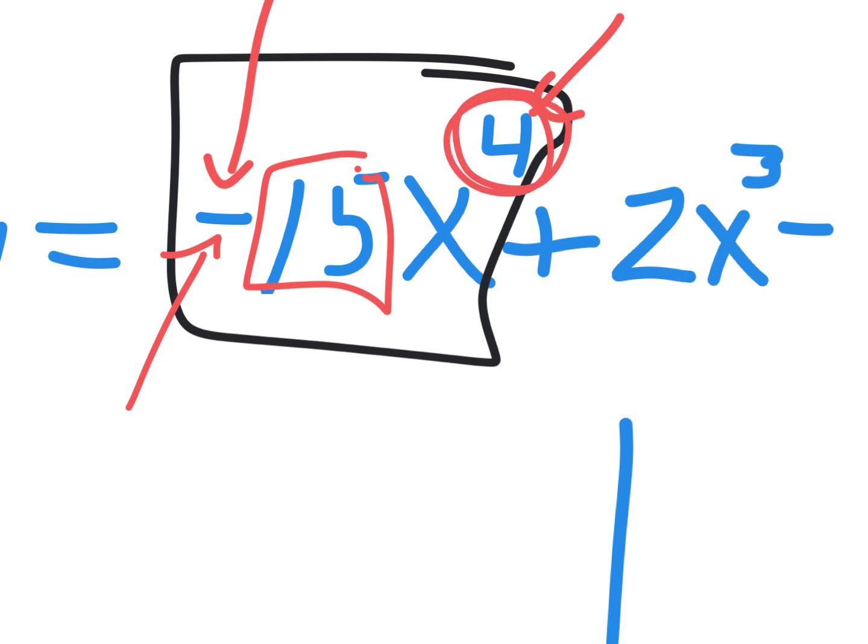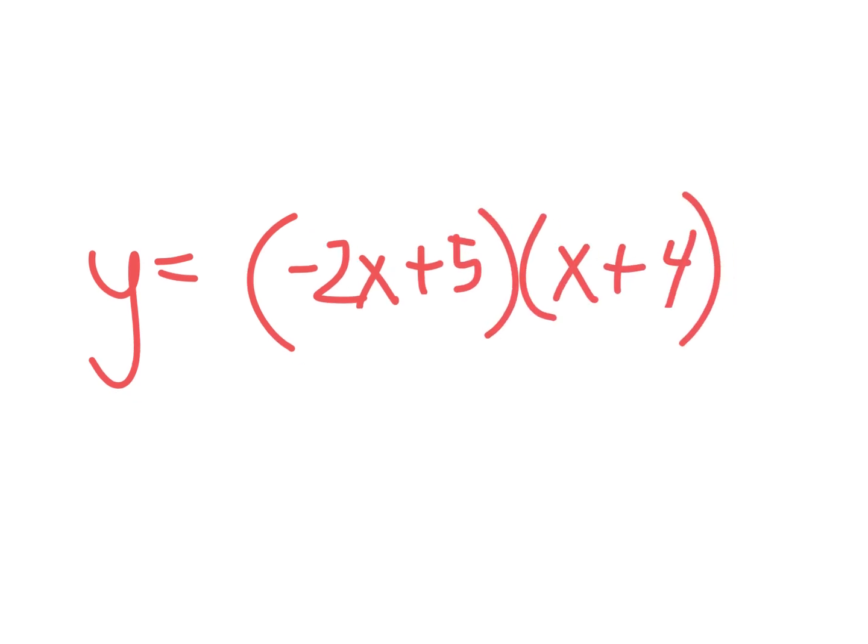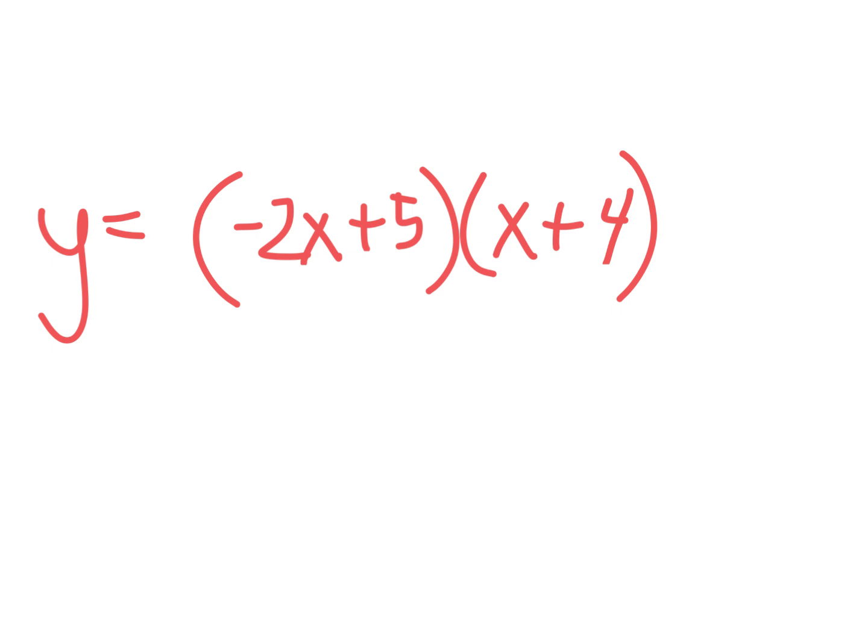All right. So, last thought. I showed you how to find that lead term from something like this, but I'm going to give you an extra tricky one. What's the lead term and what's the y-intercept?